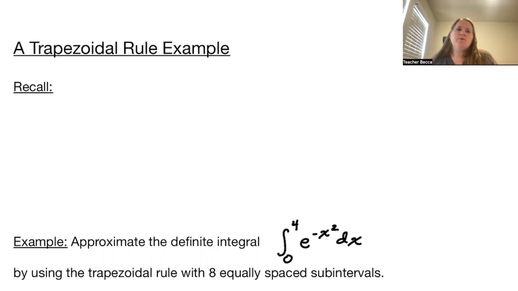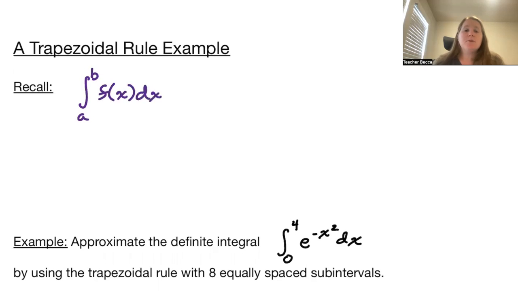Welcome to a trapezoidal rule example. So recall that the definite integral from a to b of f of x dx could be approximated with n trapezoids.